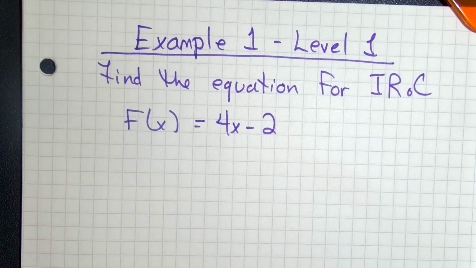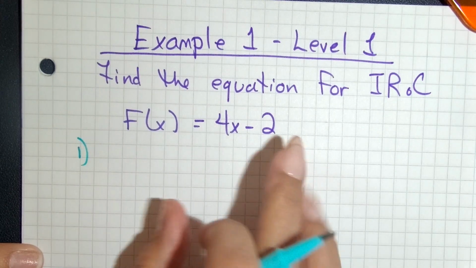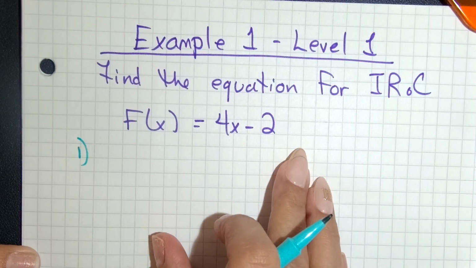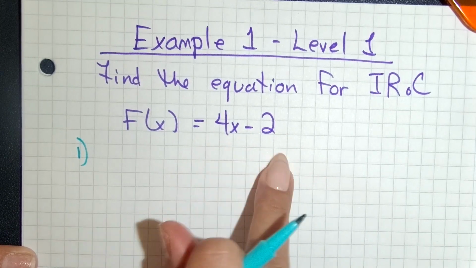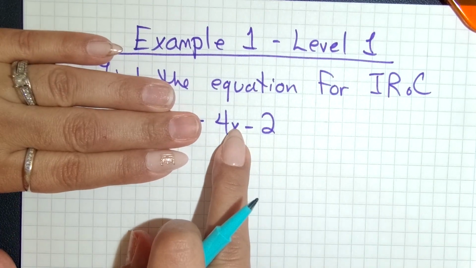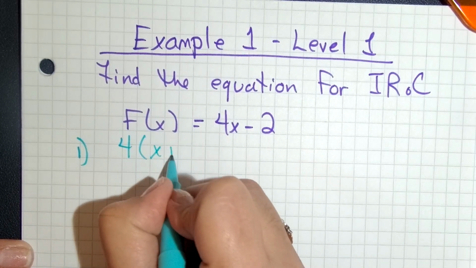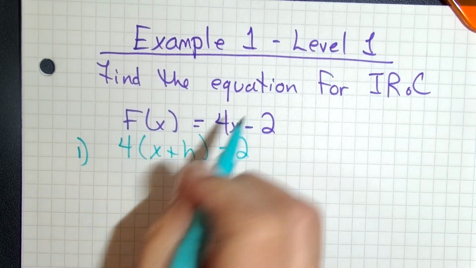What did step 1 tell us we need to do? Sub in x plus h for every x. How many x's do we have here? We have 1. So it's going to be 4 times the quantity x plus h minus 2.